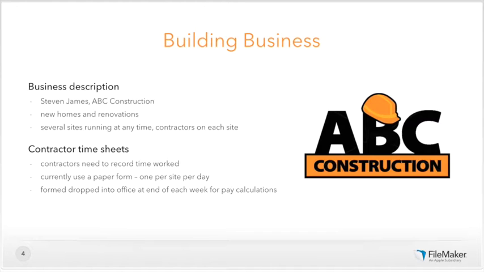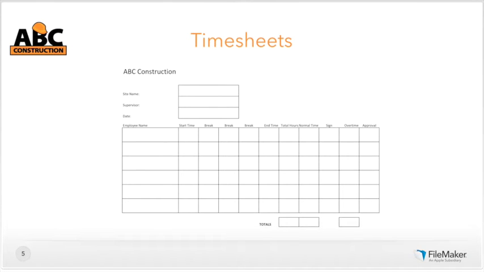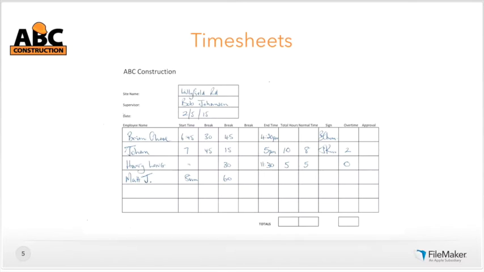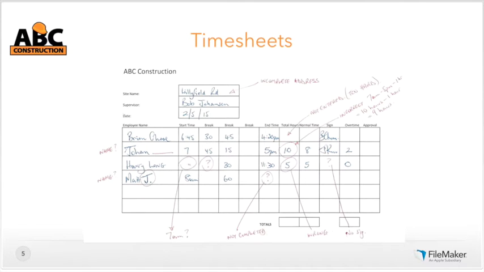So when we have a look at the timesheets that are being used on site, this is what a standard timesheet looks like. And this is what it looks like when information is filled in. And we can identify the sorts of errors that are regularly made on these timesheets.